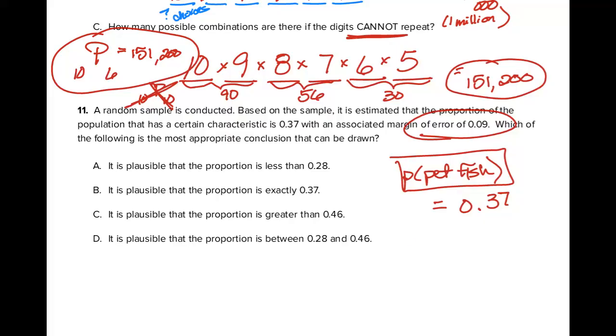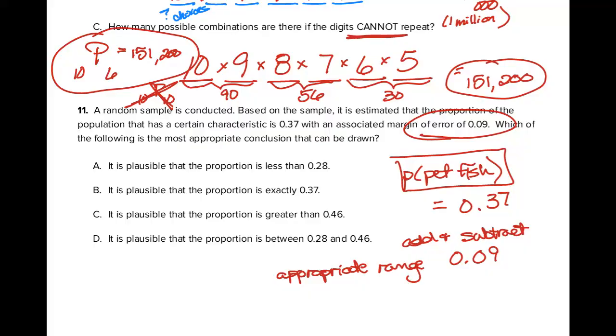So we need to add and subtract 0.09 from that amount to get an appropriate range, because we can't say for the whole population that 37 hundredths of the whole world has pet fish. If I add 0.37 and 0.09, make sure you are lining up your decimals when you add, you are going to get 0.46.